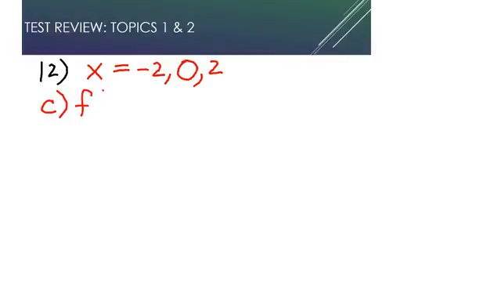And guess what? If you put 0 into x cubed, you're going to get -3 again, because 0 times 0 times 0 is still just 0. Here's where things change a little bit. This 2, if I put in a 2 and I get a positive 8, 8 minus 3 is 5. And that will finish number 12.